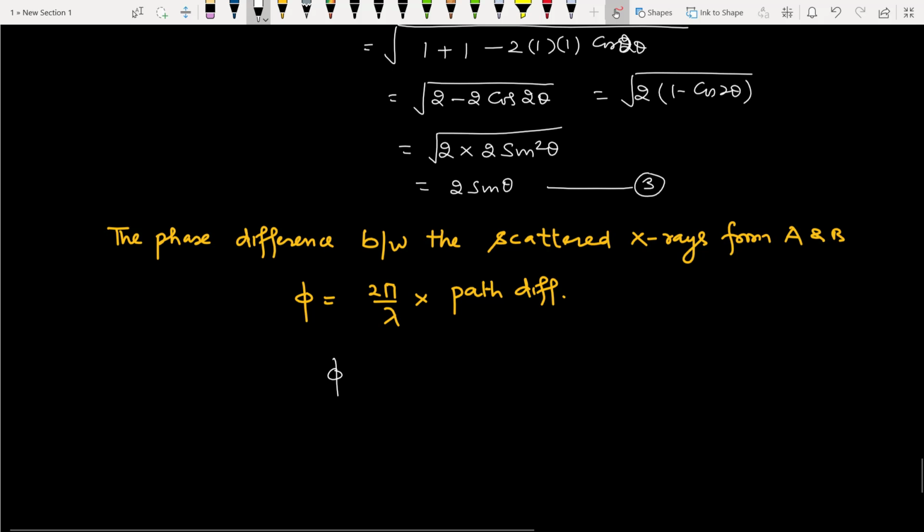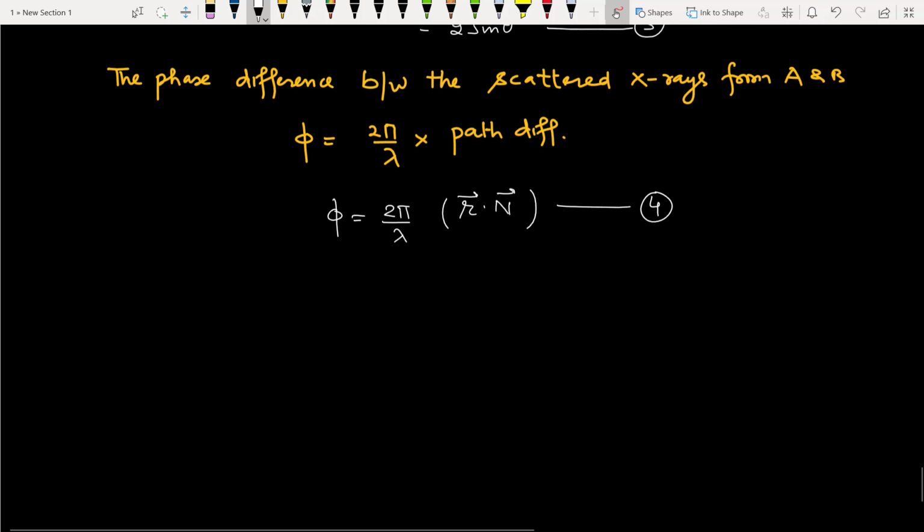So the phase difference will come out to be 2 pi by lambda R vector dot n vector. We mark this as equation number 4. And in the diffraction pattern, we will get a maxima in the diffraction pattern.